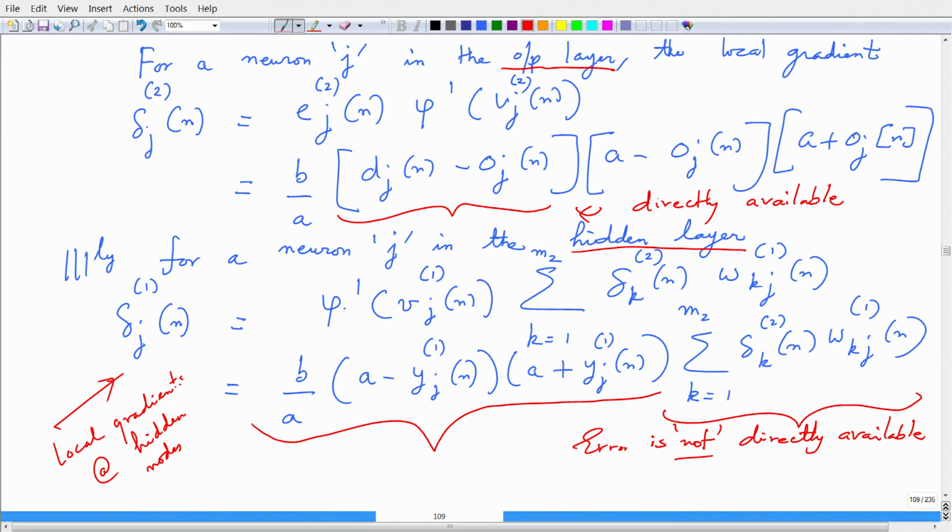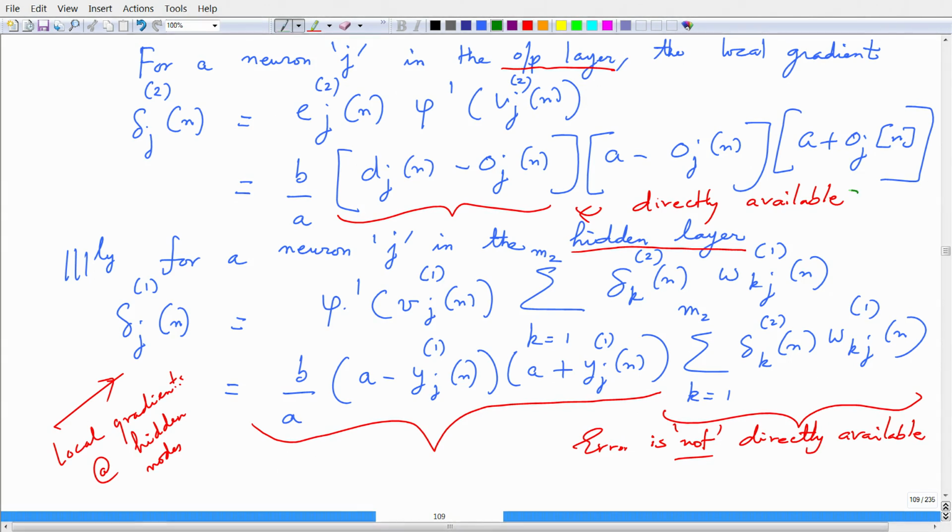So that is the first step. Therefore you have to sequentially proceed layer by layer all the way from the output layer to the first hidden layer. Okay. And another important observation which comes directly as a result of the concept is as follows. In the case of a neuron in the output layer, the error is visible to you, it is directly available.